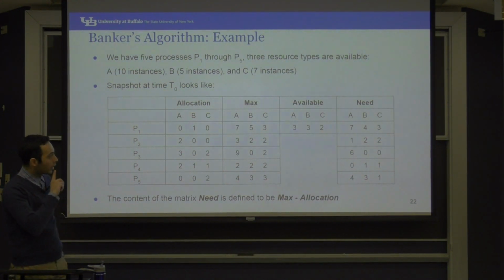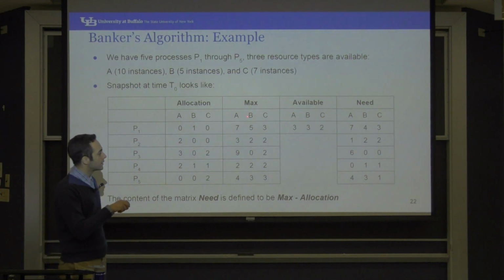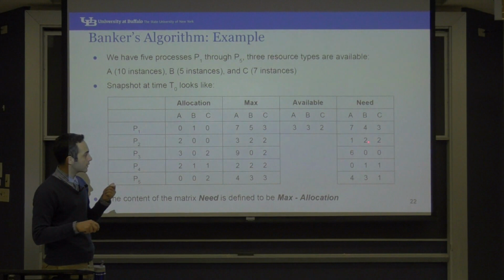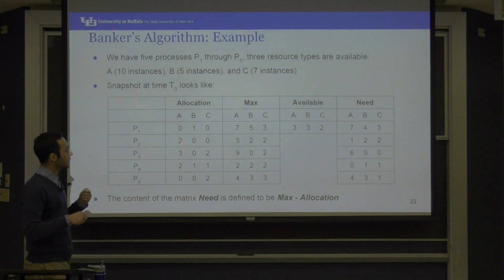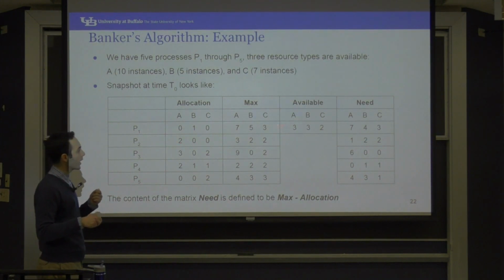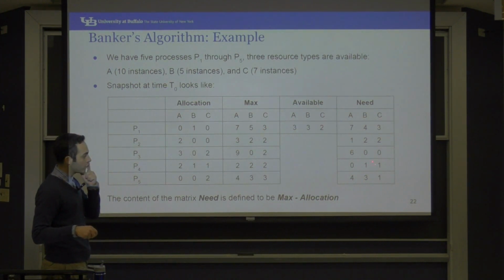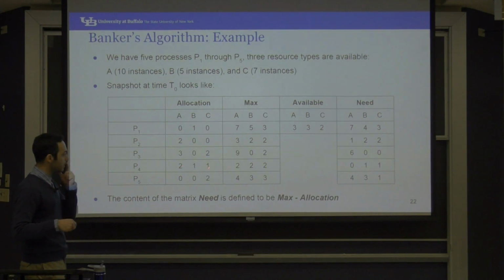Now, are we in the safe state or not? Let's see. So we have 3, 3, 2. Can we allocate it to this? Yes. This can basically finish. So P2, once it finishes, it releases 2 more A's. Now we have 5, 3, 2. With 5, 3, 2, this can start and run, and then it will release these resources.